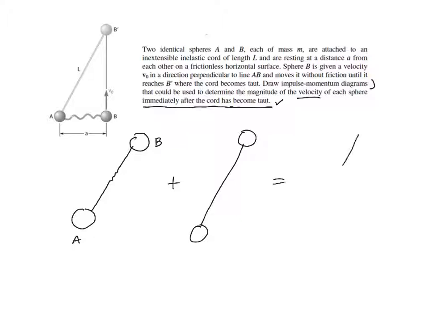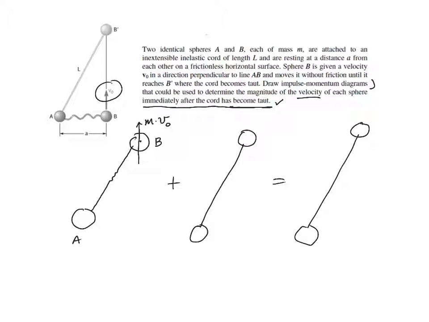And then afterwards, we've got masses times velocity after. So let's go ahead and take a look at what we know here on the front side. I would know that, as we're told, each is of mass m, so this is going to be mass. We're given an initial velocity up.